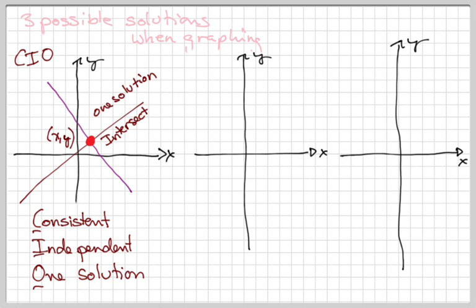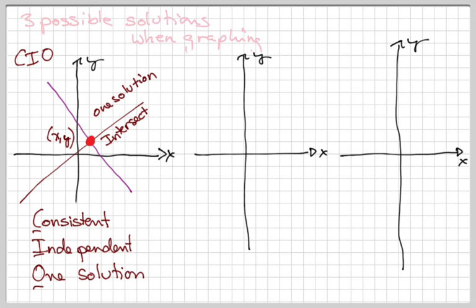Some of us have rulers, some of us don't, some of us make thick lines, some of us make thin lines, some of us make big red points here, and others do not. So it's not a very accurate way of actually finding a solution. That's why the graphing is not the preferred method. The algebraic way is the preferred method.